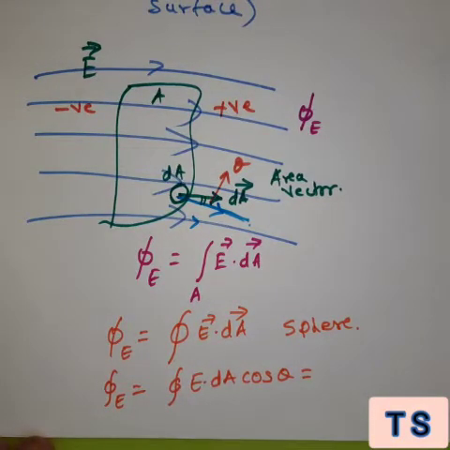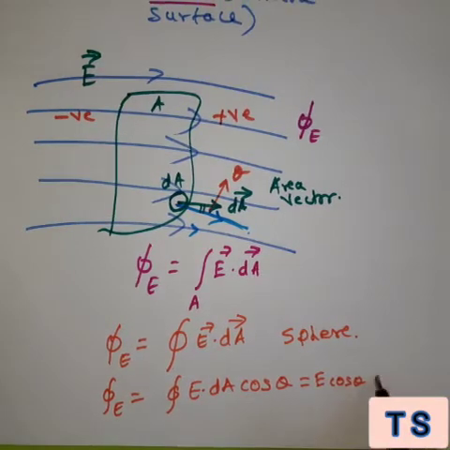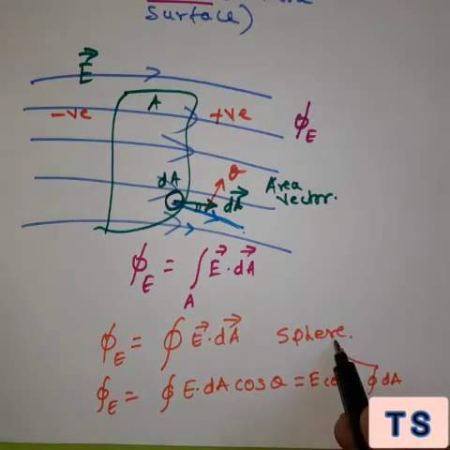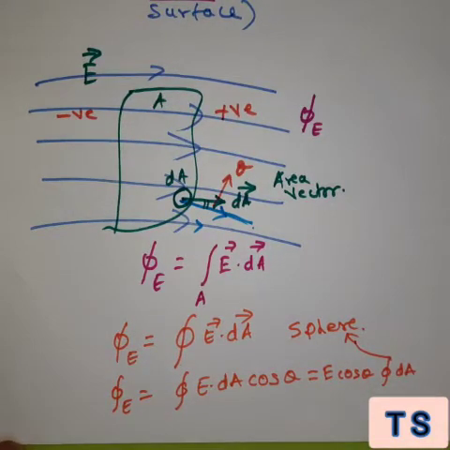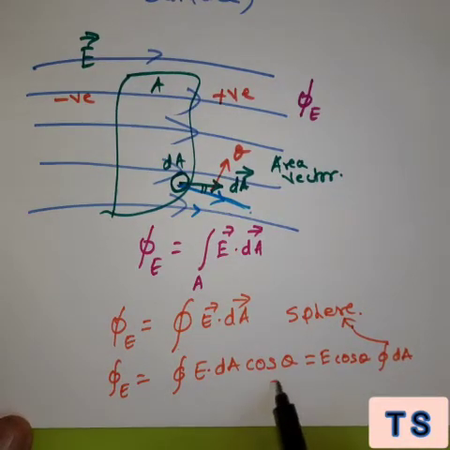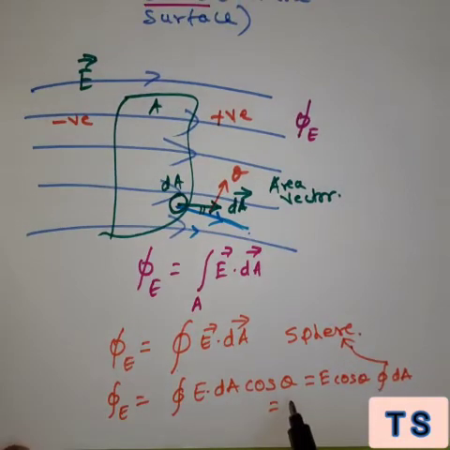I take E and cos theta outside, and then I have the closed surface integral of dA. Now what is the area of a closed sphere, that's the surface area? It's 4 pi r square. So E into cos theta into 4 pi r square. R is the radius of the sphere.